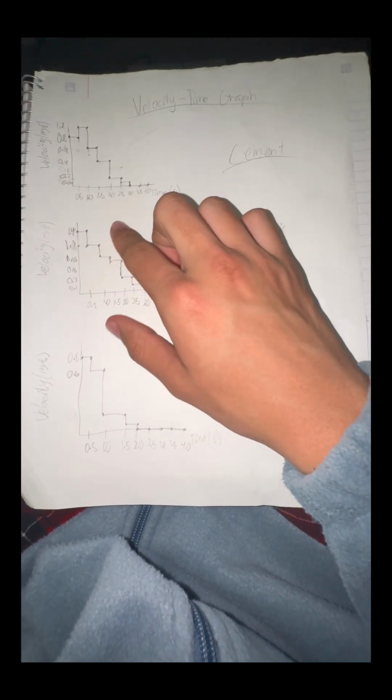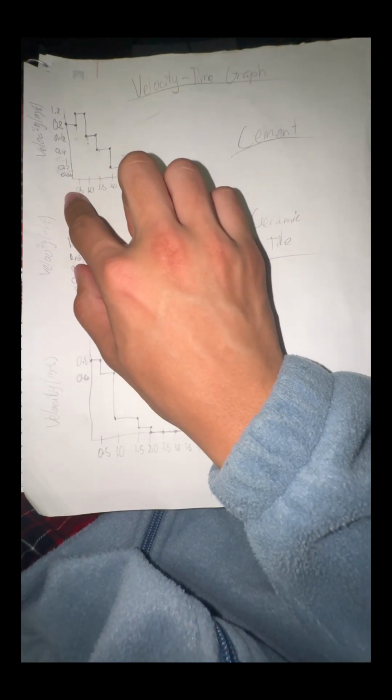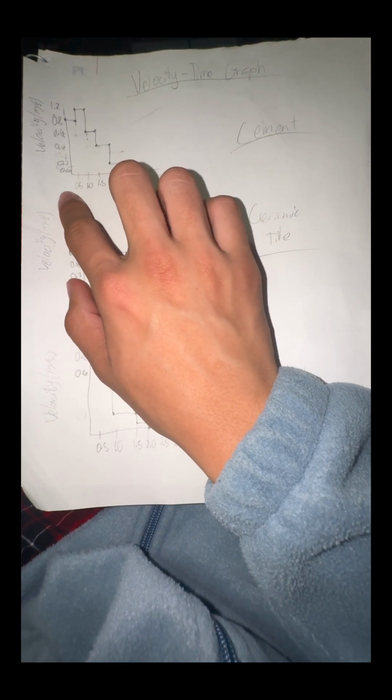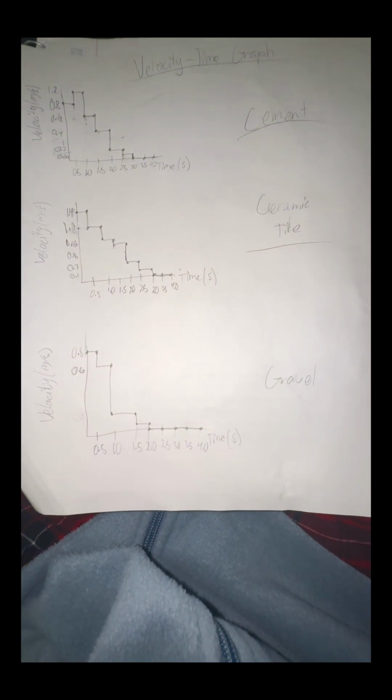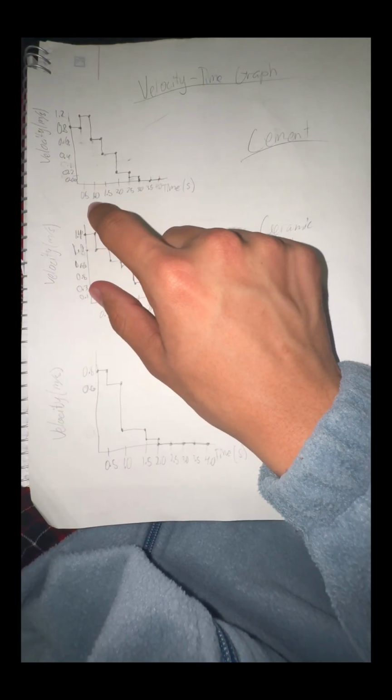Alright, moving on, we have a velocity time graph. We have the velocity in meters per second, and our time in seconds, obviously. So going into cement, this was the only one that was kind of weird, where in the interval 0.0 to 0.5 seconds, the velocity was slower than it was from 0.5 to 1 second.